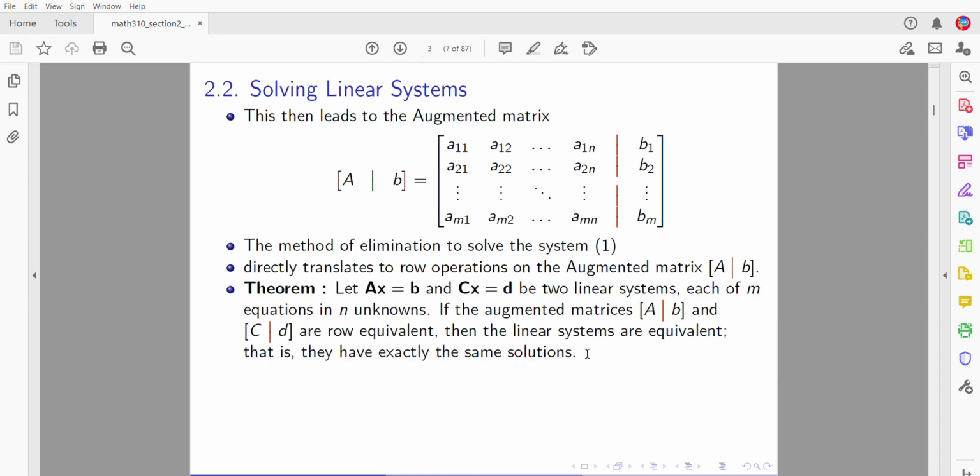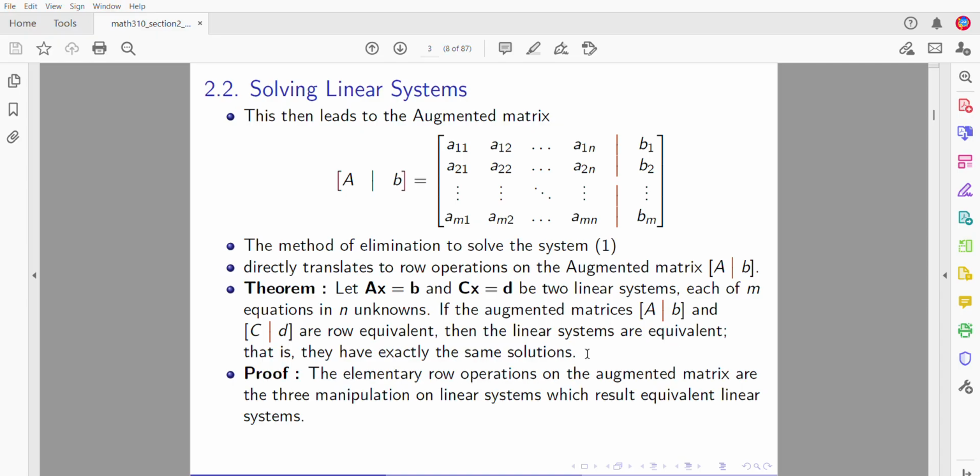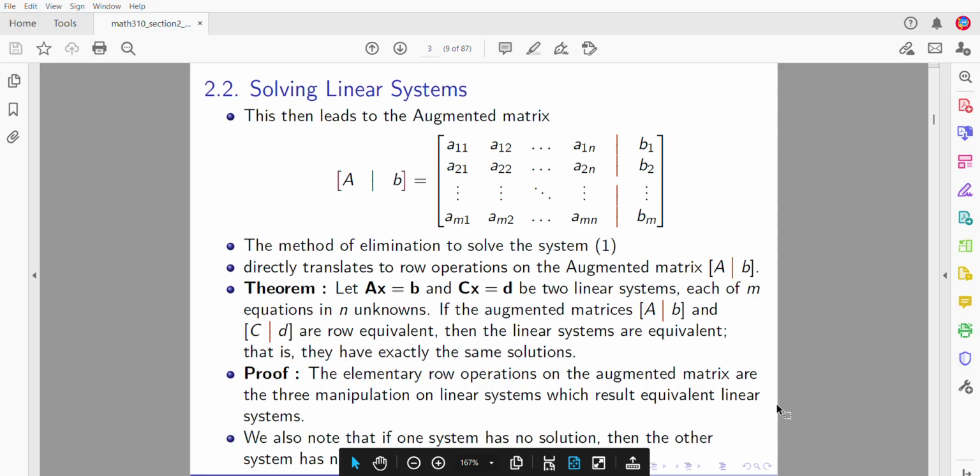Proof. The elementary row operations on the augmented matrices are the three manipulations on linear systems which result in equivalent linear systems. We also note that if one system has no solution, then the other system also has no solution.